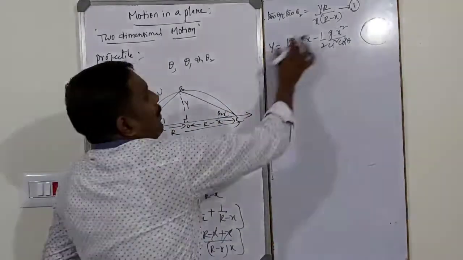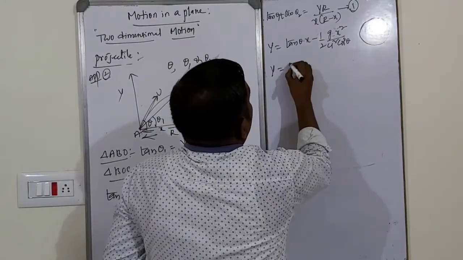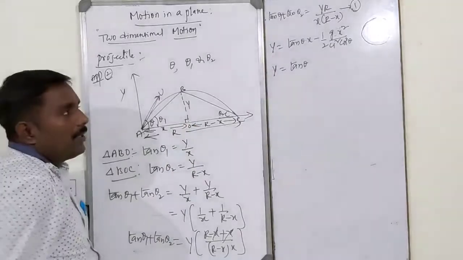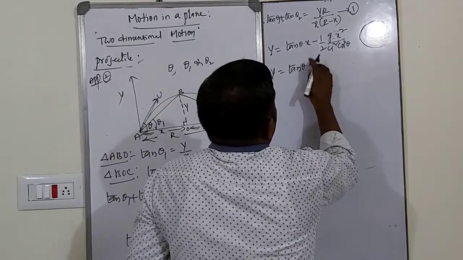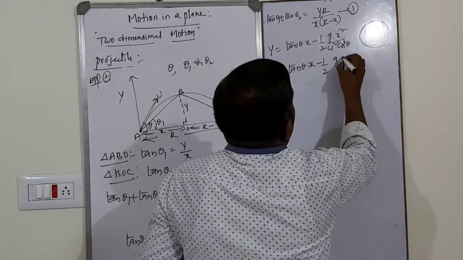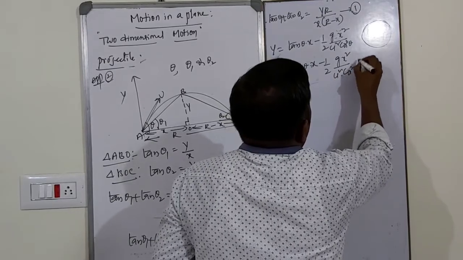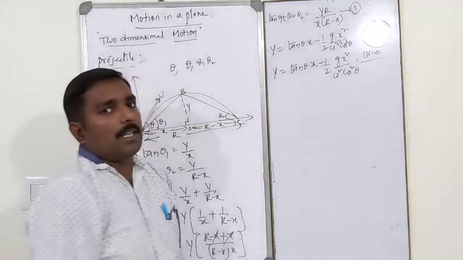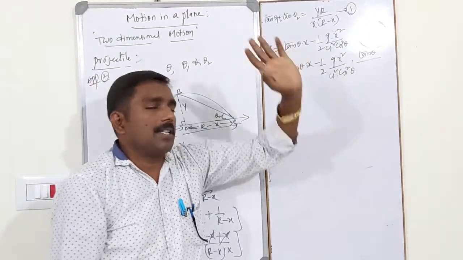So now I will take the parabolic equation. So y is equal to tan theta x, where theta is the angle made by the projectile with the horizontal, minus 1 by 2 g x square by u square cos square theta, multiplied and divided by tan theta.